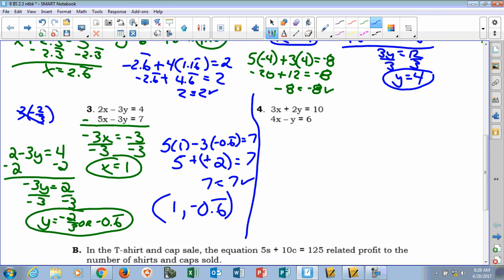So if I take the second equation and multiply the whole thing by 2, I'm going to end up with a negative 2y, right? Which means what? Same number, but different sign. So I'm going to create an equivalent equation so we can have an elimination.